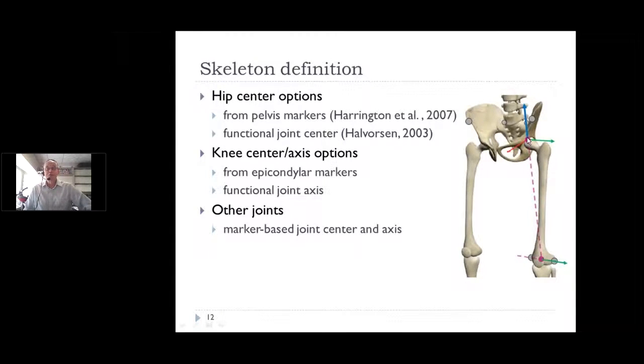But we can also do a functional joint center, where you ask the patient to do a range of motion test, and then the kinematic center of rotation is determined. There's a similar option for the knee where you use either the markers or a functional joint axis. For all the other joints, it's only based on markers.